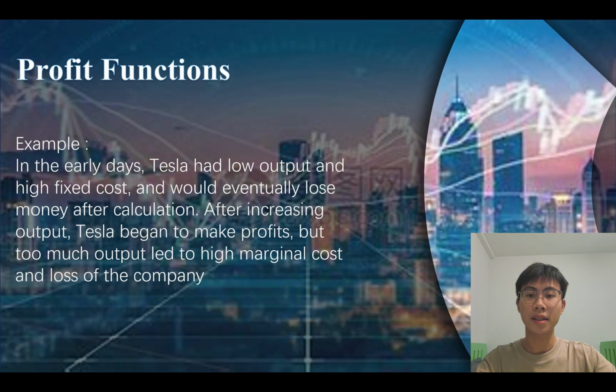A simple example. In the early days, Tesla had low output and high fixed cost, and would eventually lose money after calculation. After increasing output, Tesla began to make profits, but too much output led to high marginal costs and the loss of the company.